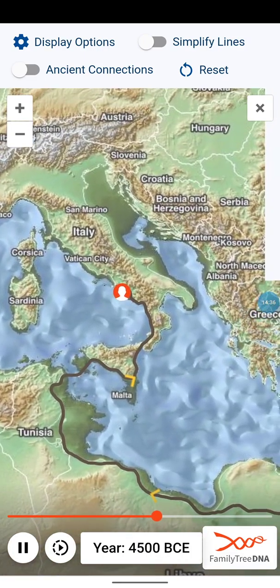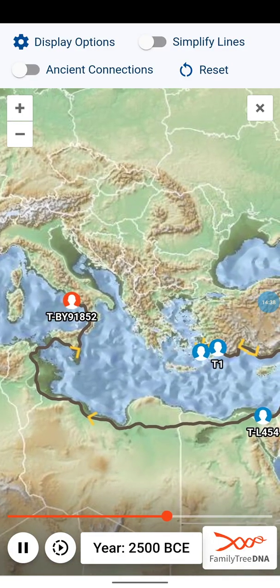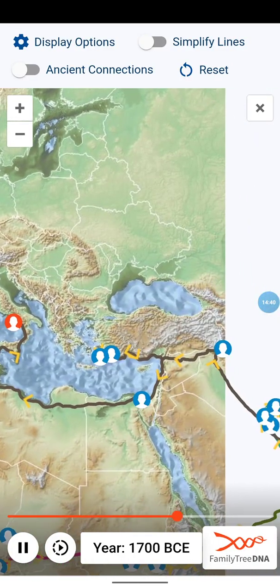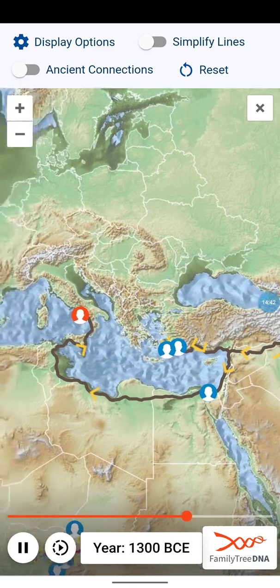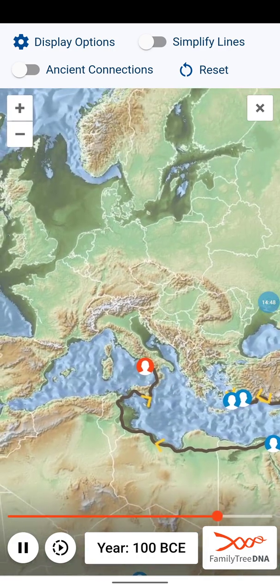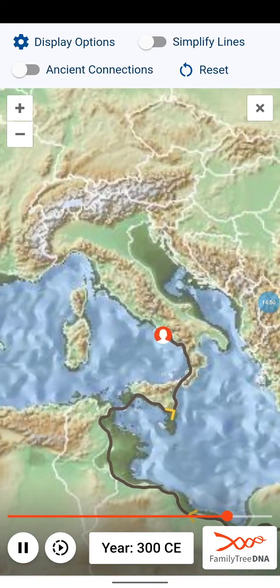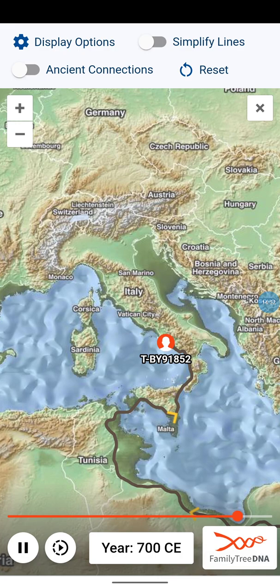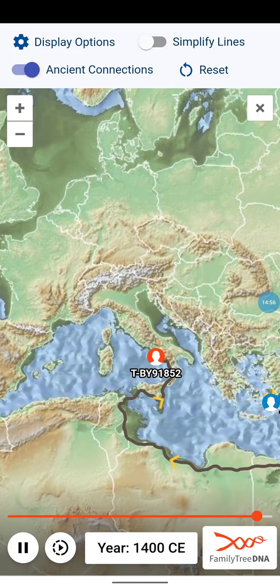And there you go. So that lineage, they believe, originated in the Levant and migrated into North Africa and eventually into Italy, right? And let's see if we can get ancient connections for that. Maybe not.